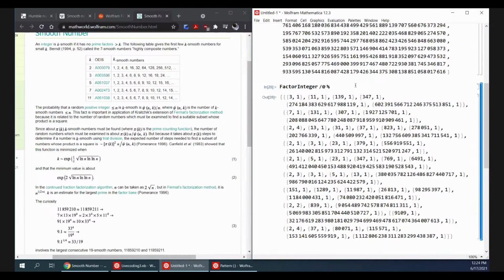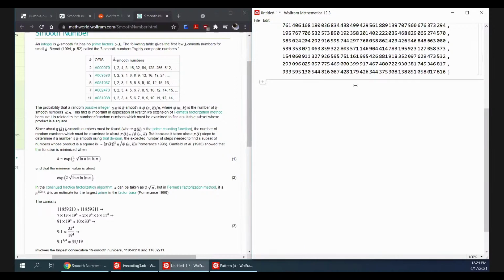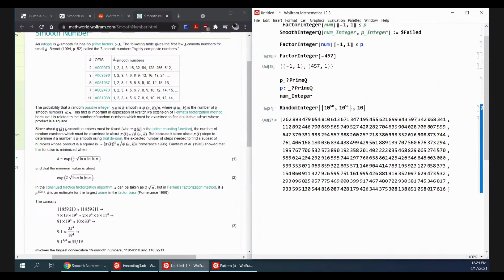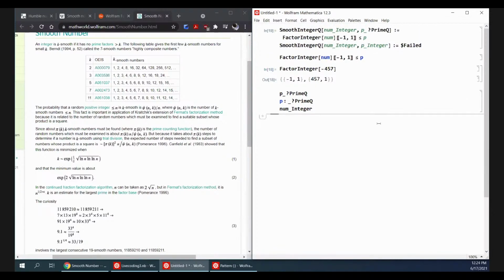Take two of them, multiply them, and factoring that can be really slow. I don't know if it can be done with today's technology.